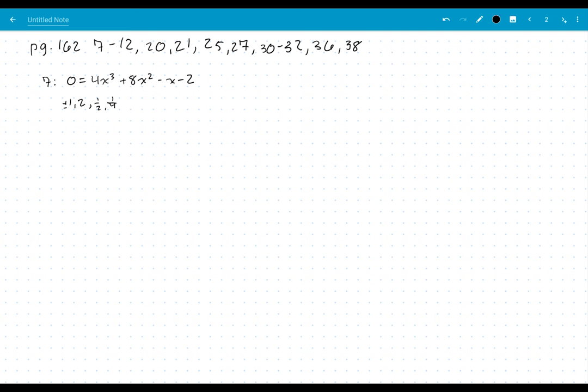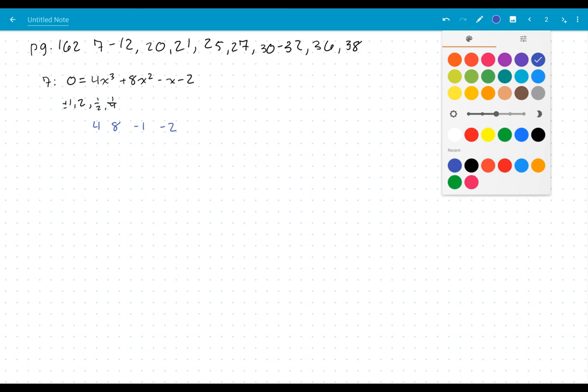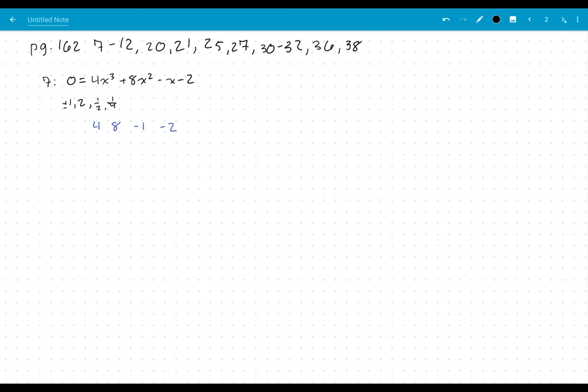So from there, we can start with our synthetic division. We can take each of our coefficients and write them down: 4, 8, -1, -2. And I think right here, we essentially already have a suggestion for what we should do, because 4 times 2 is 8 and 1 times 2 is 2.